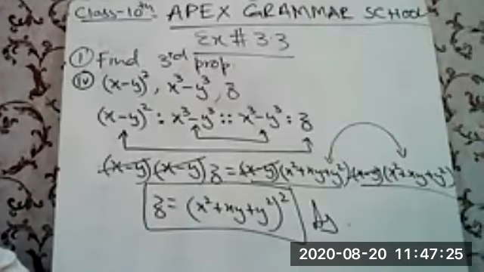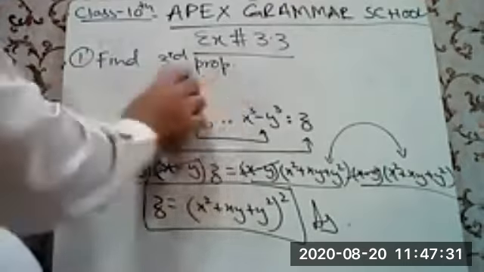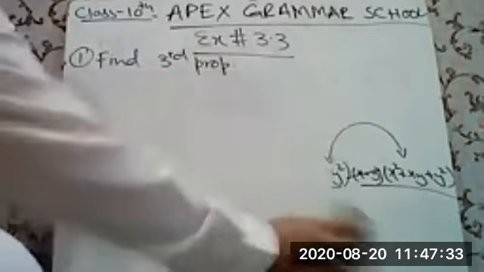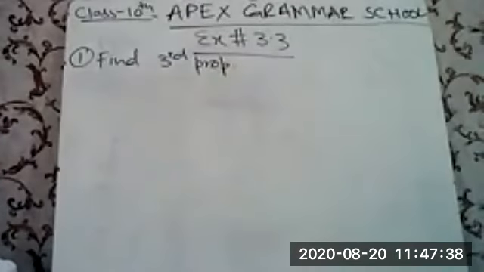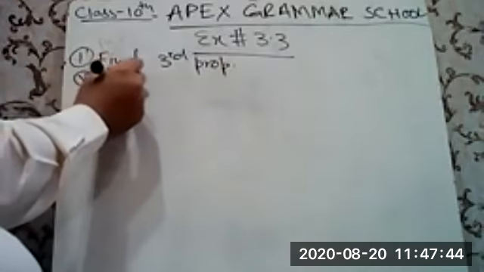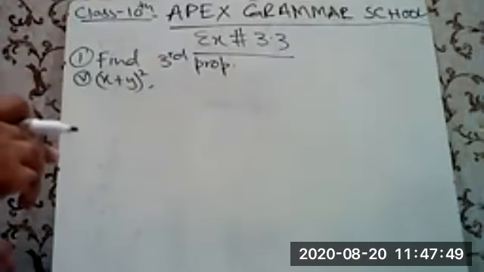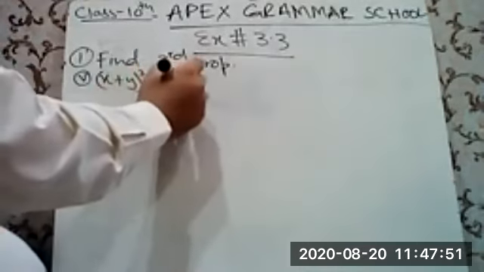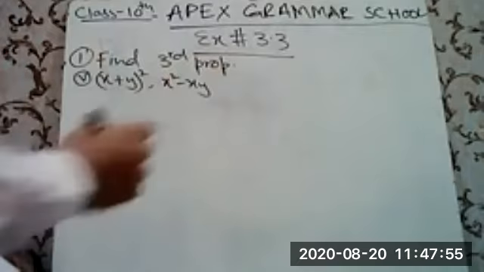Now the last part of it, not second last part, fifth part, that is x plus y whole square and the other is x square minus xy minus 2y square.